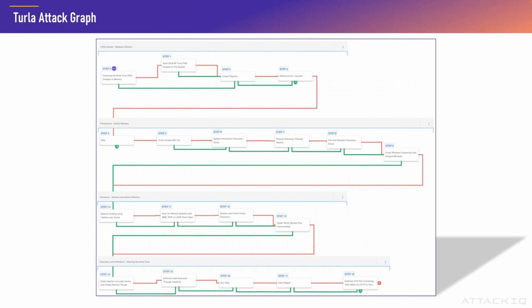Then a series of discovery commands are run to learn more about the victim host, such as local host information discovery, what software is installed, local network adapter information, as well as what running processes are available. Then the Snake malware uses Mimikatz to dump credentials and password hashes from the host, which can later be used to expand their reach into the victim's network. So that completes the second stage.